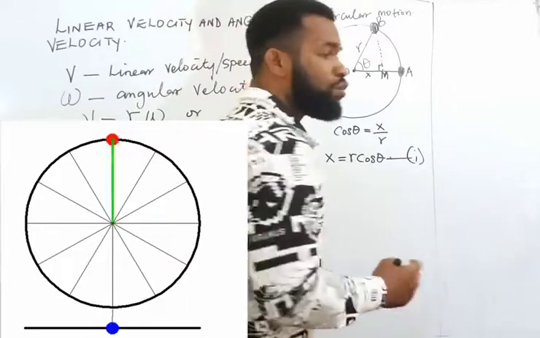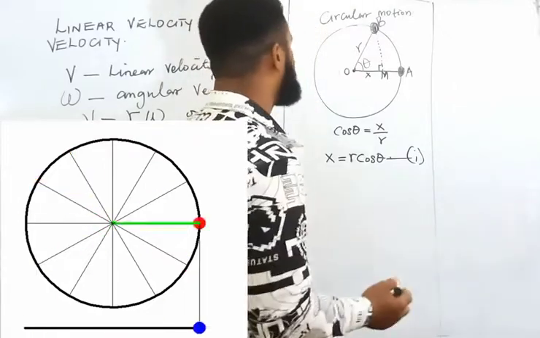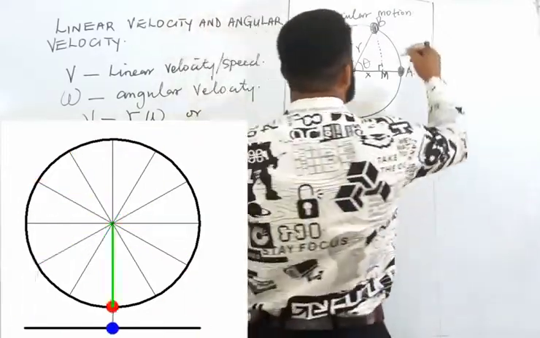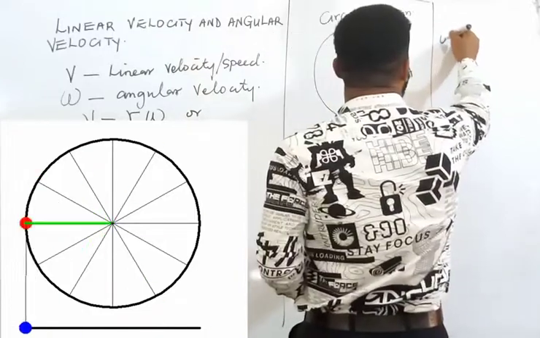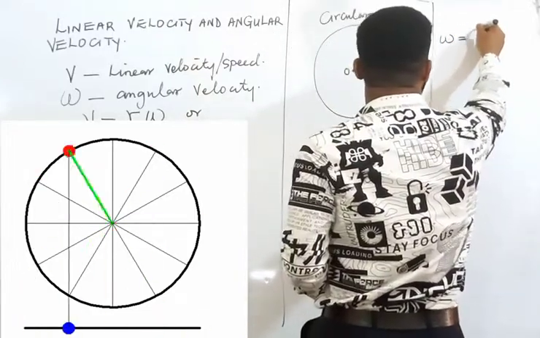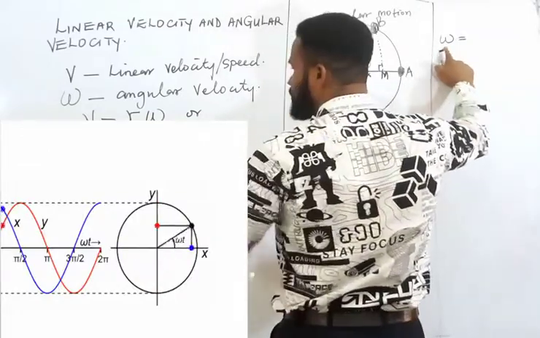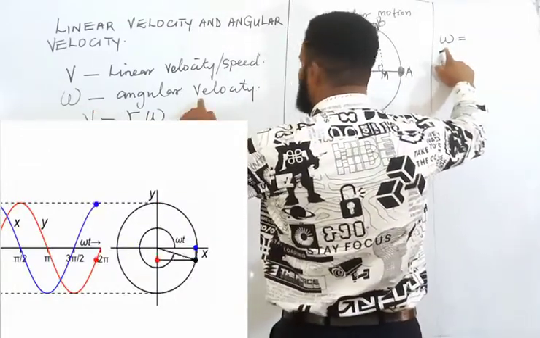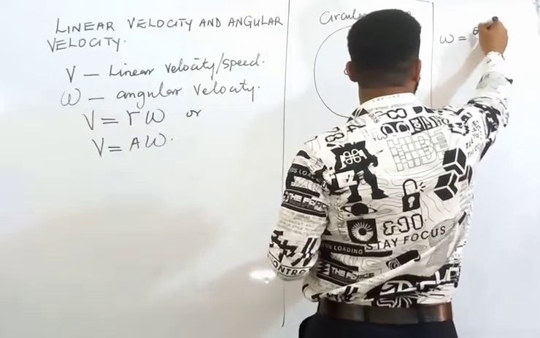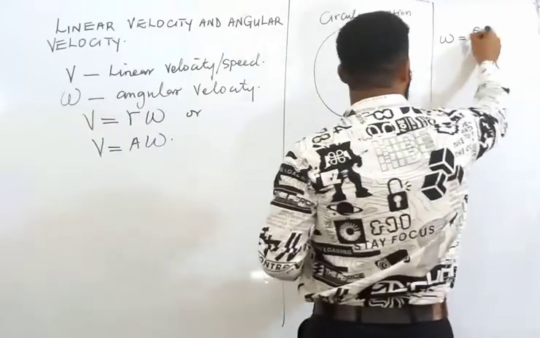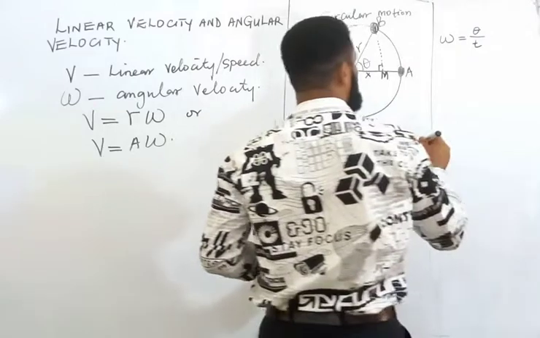I'm going to make one more assumption, not assumption, a fact. There is something we call omega. This symbol is given as angular velocity, and angular velocity is given as angular displacement over time.